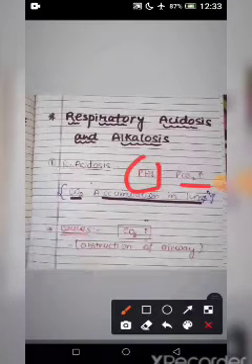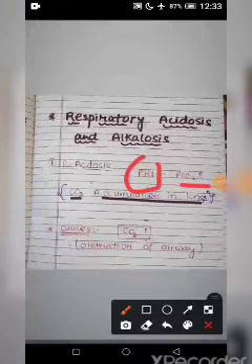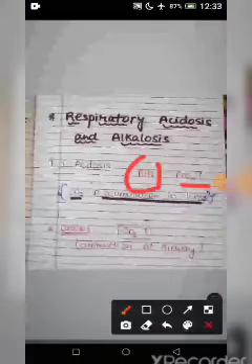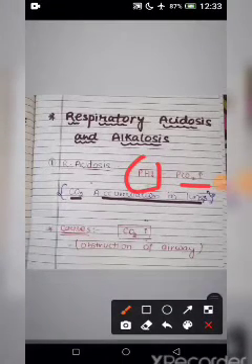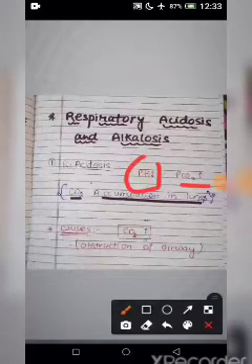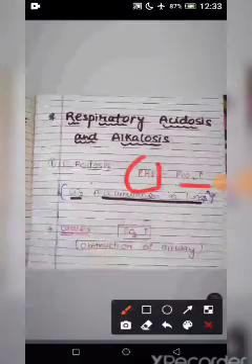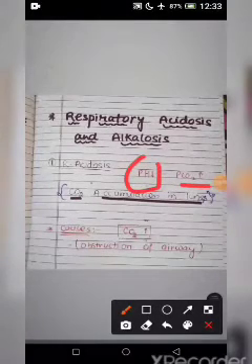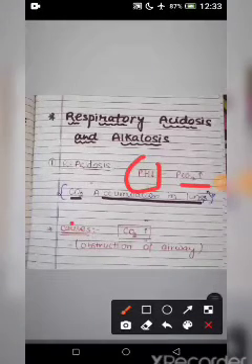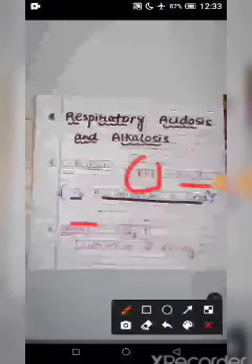So these are the causes. In respiratory acidosis we should remember that acidosis means pH will be decreased. It is related to respiratory, so it is CO2, and both of these are inversely proportional. Understood? We will remember this point by using this trick.